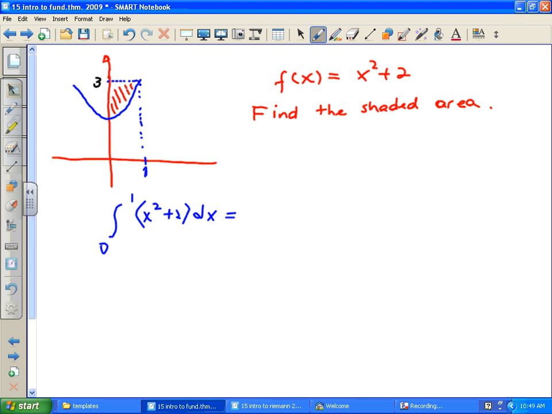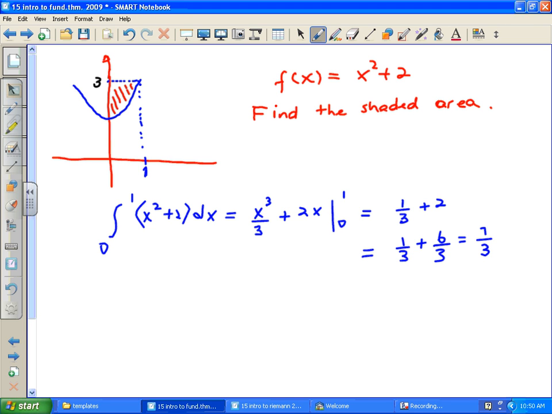Okay. So then we integrate. And then we plug in the values. So I'm getting 7/3 for the area under the curve.